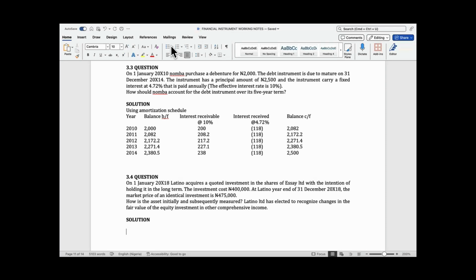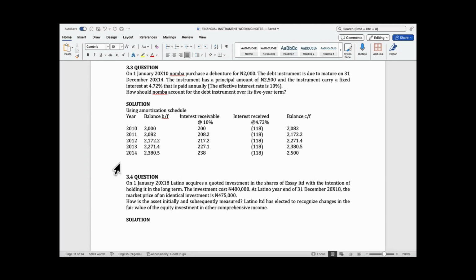At Latino's year end of 31st December 2018, the market price of an identical investment is 475,000 naira. How is the asset initially and subsequently measured? Latino Limited has elected to recognize changes in the fair value of the equity investment in other comprehensive income.